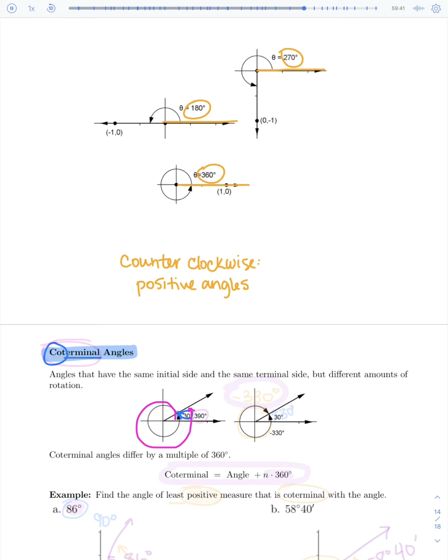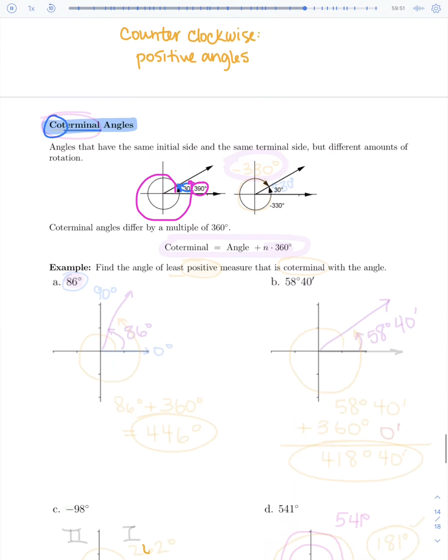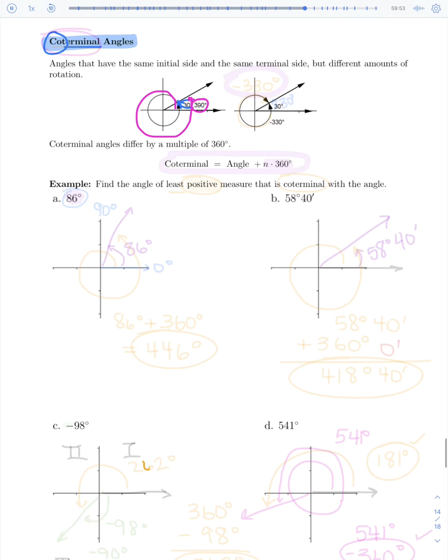Well, I did the 30 degrees, but then I went in a full circle after that, which is adding another 360 for a total of 390 degrees. These two angles are different, but they end at the same spot no matter what. So that means that they are coterminal angles because they end, terminal, together at the same spot.